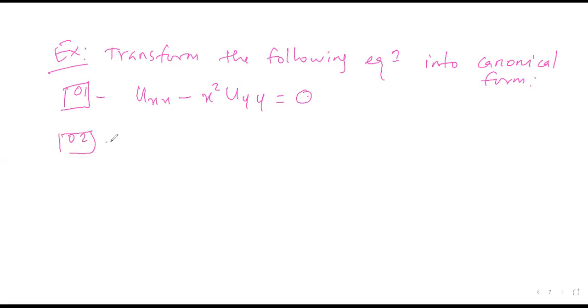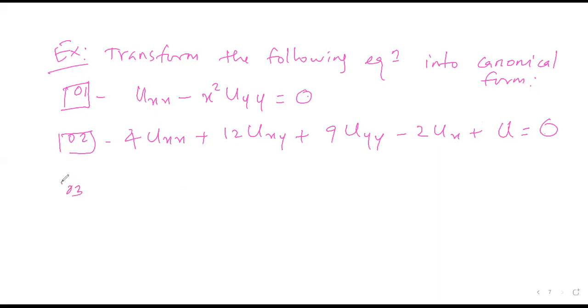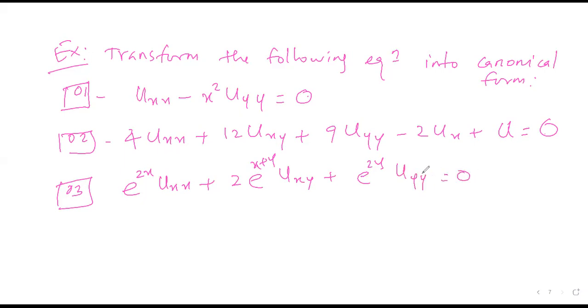Second question: 4u xx plus 12u xy plus 9u yy plus 2u x plus u is equal to 0. I like this question. Third one, everything is second order: e to the power 2x u xx plus y u xy plus e to the power 2y u yy is equal to 0.